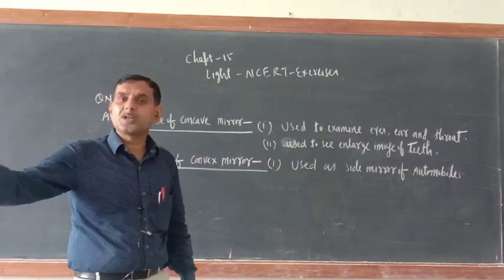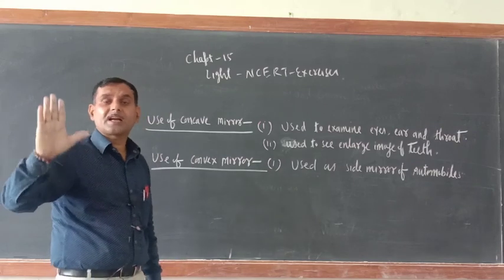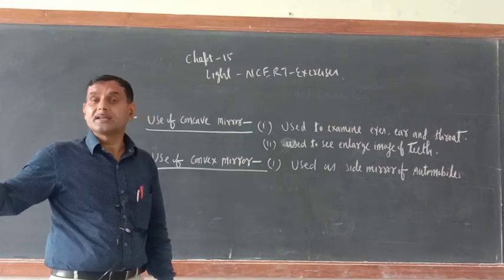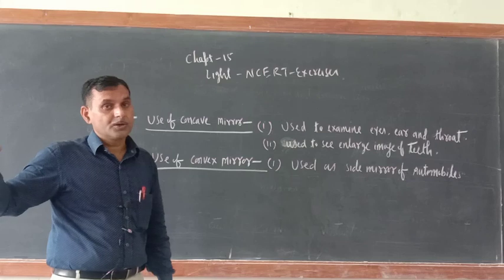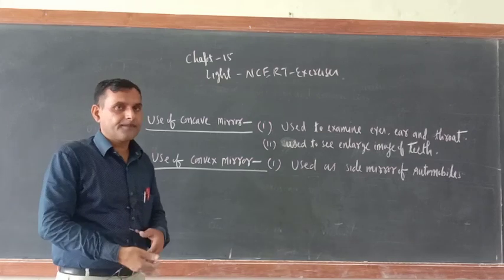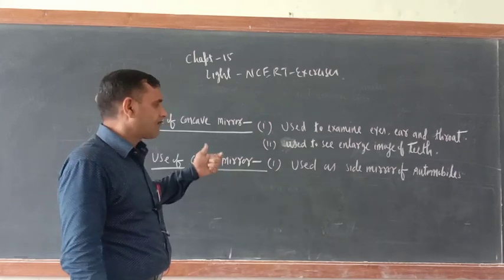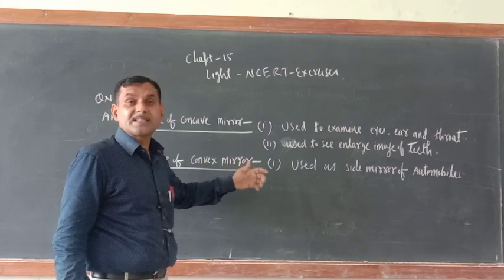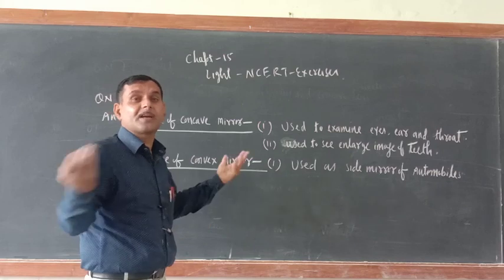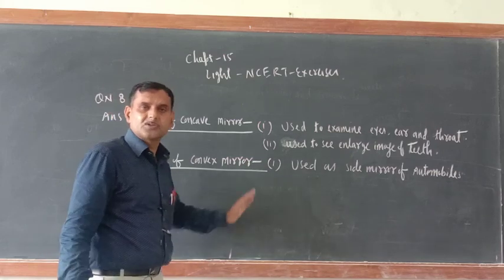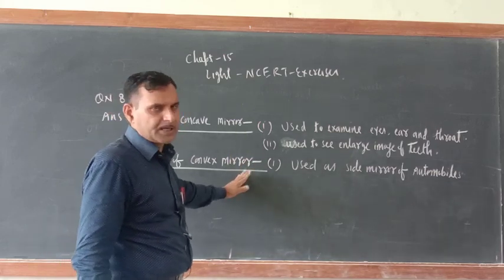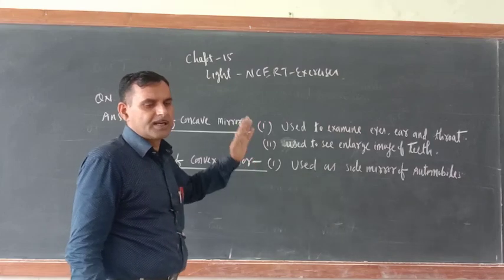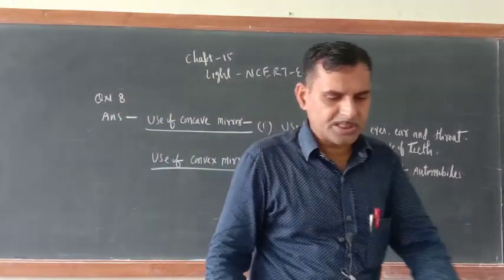So if it is used as a side mirror, the driver can see the traffic behind his vehicle. This quality of convex mirror is used to see the images of vehicles spreading over a large area. These uses you have already written, but again if you want to write, you can write.